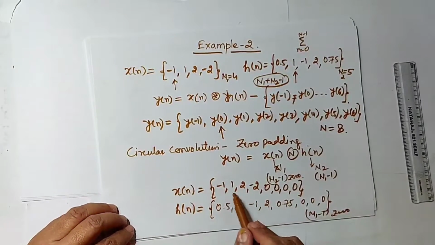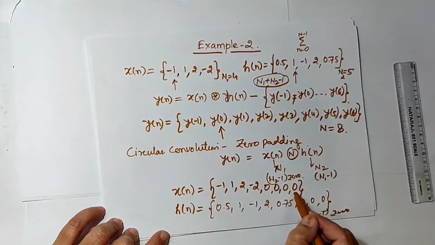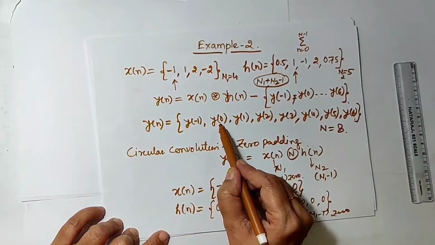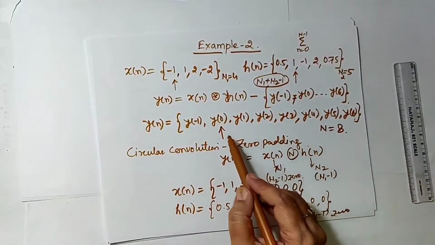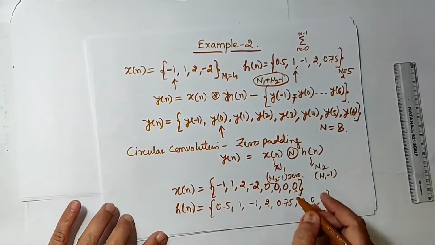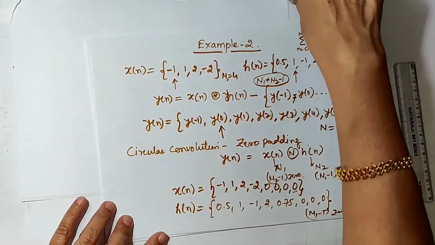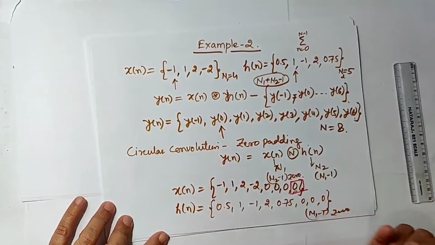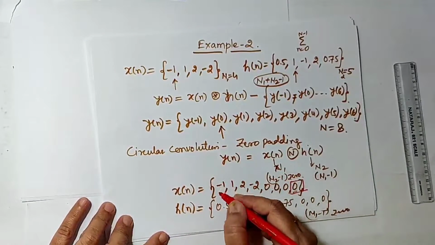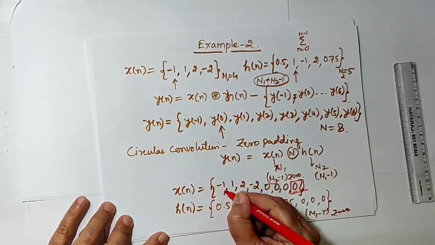Sorry, the length here we are changing. This is 0 to 6. We'll have to manage the position of the 0 from y0 to y6. So we will not put 0 here; we'll put it before this origin value.